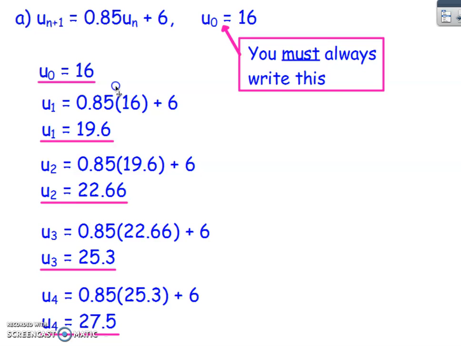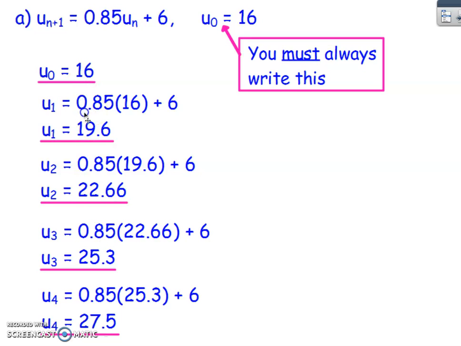The easiest way for you to do this is to type in 16 into your calculator, push equals, clear your screen, then type in 0.85 times answer plus 6. If you do that, you should just be able to push the equal sign several times to get the answers here. So that should be the easiest way for you to do it.